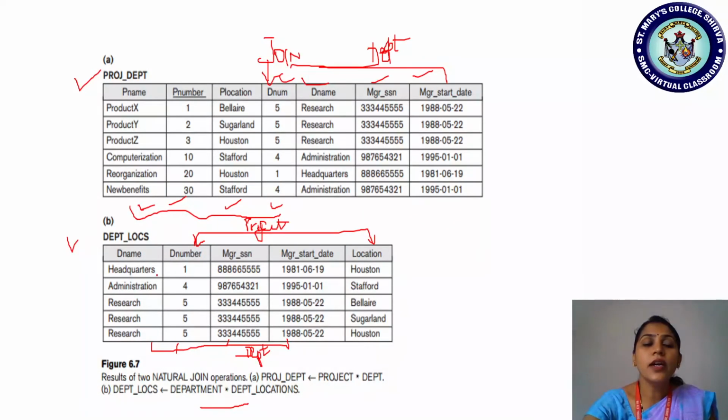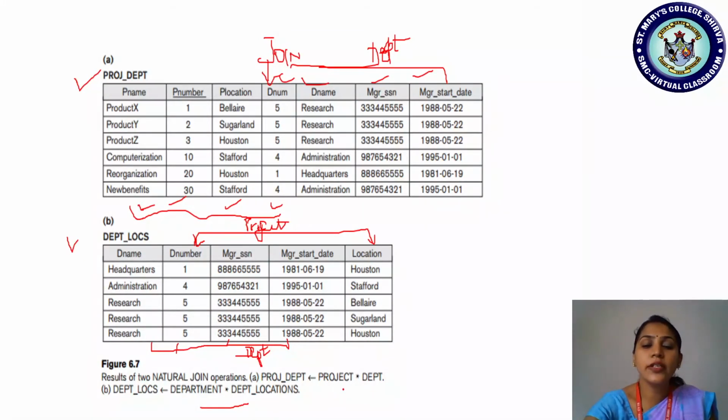So whichever tuples have the D number common from department and location relation, those tuples are combined. So department number 1 is present in Houston. Department number 4 is present in Stafford. Department number 5 is present in 3 locations, Bellaire, Sugarland and Houston. Okay, so this is with the natural join.